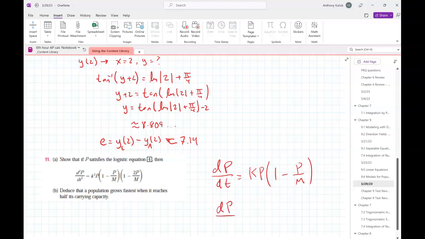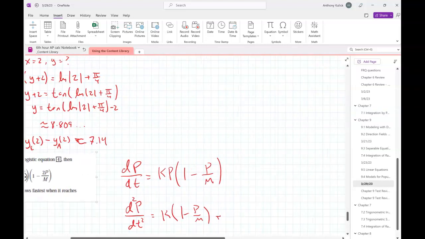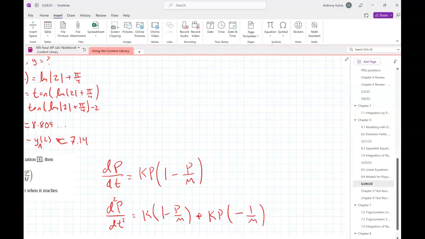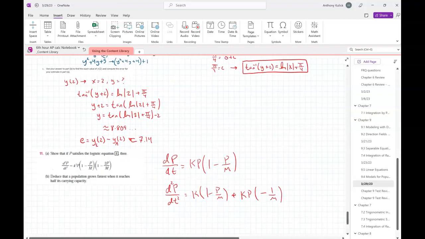Oops. That's a product rule, right? So I take the derivative of the first times the second plus the first times the derivative of the second. Why? So is P a constant or a variable?